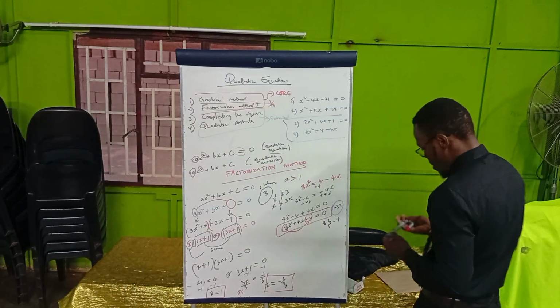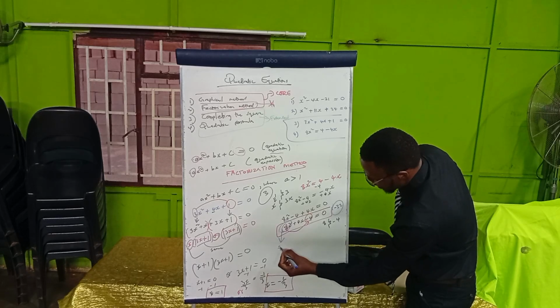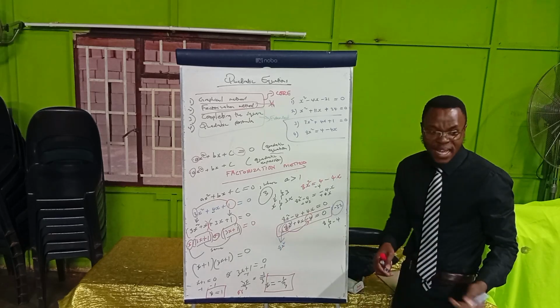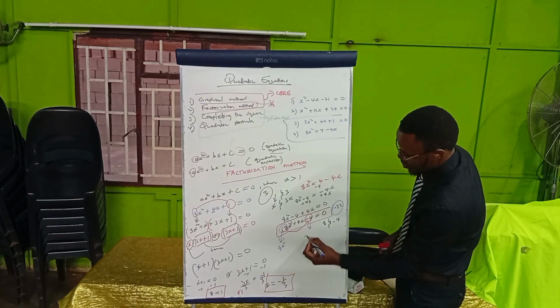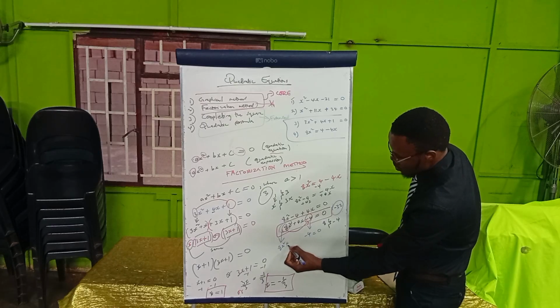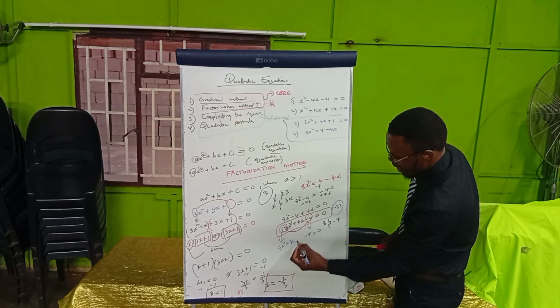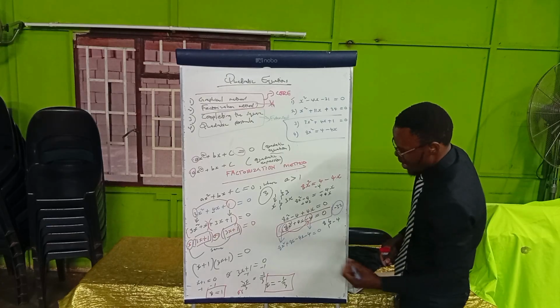So what you do, remember again, the value of the first term, 8x squared, remains as it is, and the last term, the constant, doesn't change as well. However, the value that is in the middle, we write it in terms of 8x and negative 4x. Why?